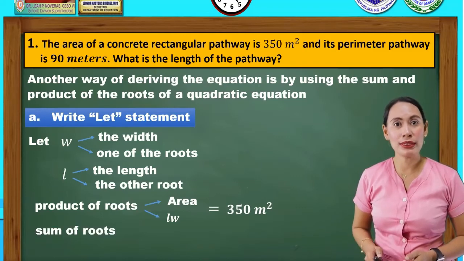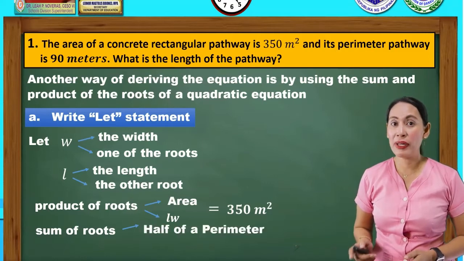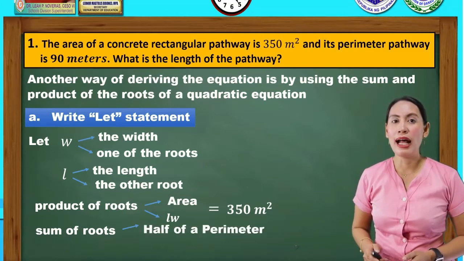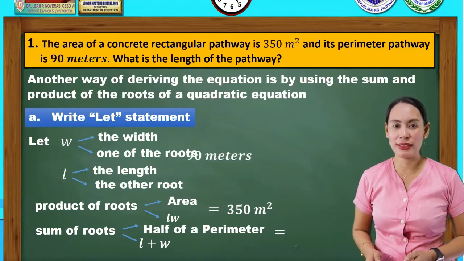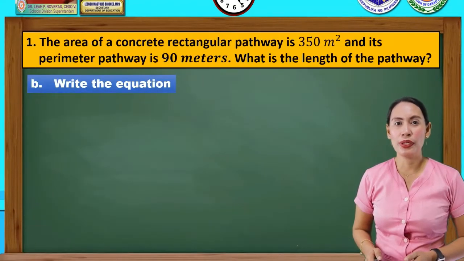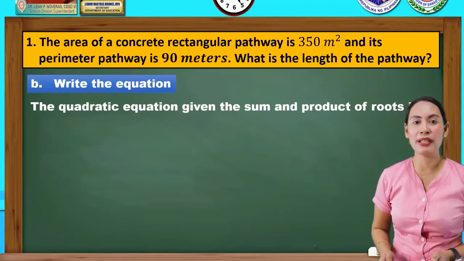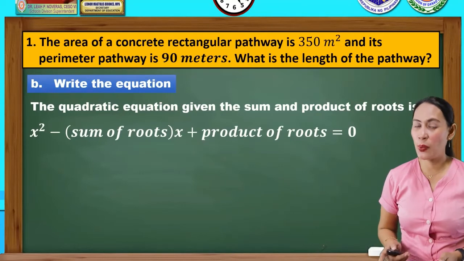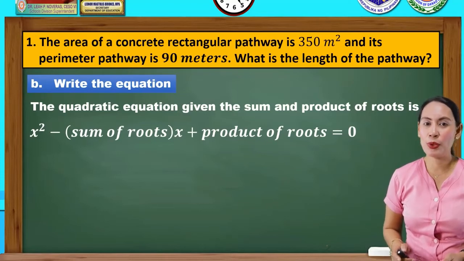Then the sum of roots means half of the perimeter, or length plus width, or L plus W, so that is equal to 45 meters. In writing the equation, the quadratic equation given the sum and product of roots is x squared minus sum of roots x plus product of roots equals 0.